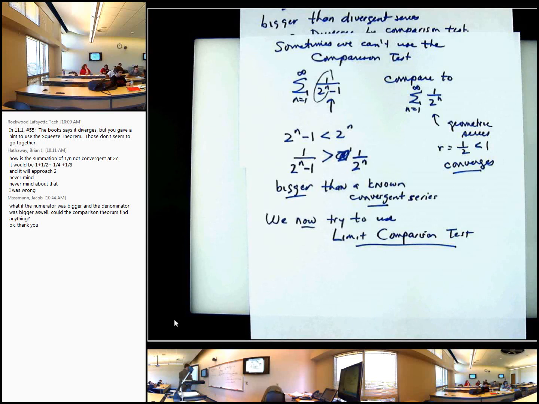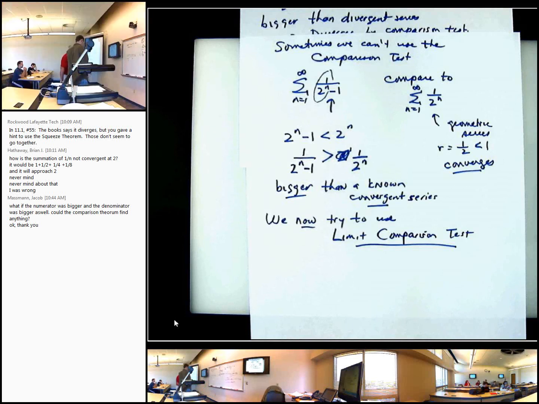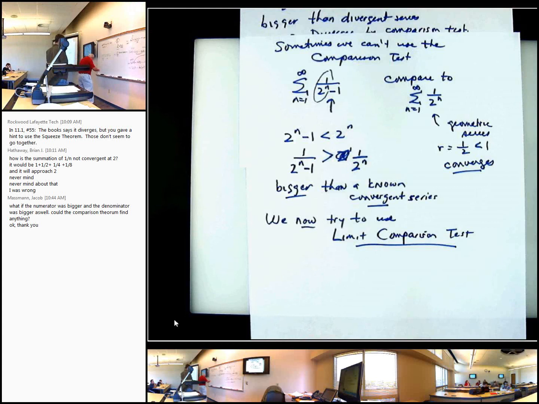And if it's convergent, it wants us to find the sum. Oh, I know how it works now.